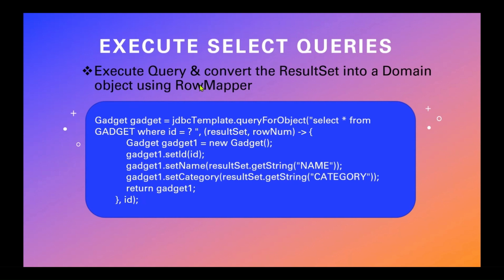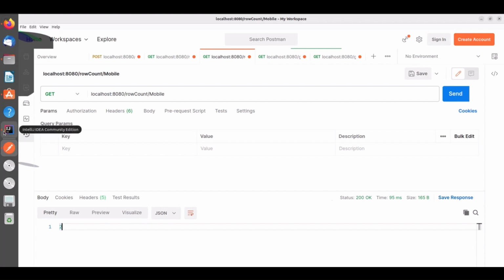So you have to use row mappers. Here is how we will use the same queryForObject, and we pass the select query. And this part is the row mapper. After the select query, you have to use the row mapper, and then you have to pass the placeholders. So I will explain this in the direct code.